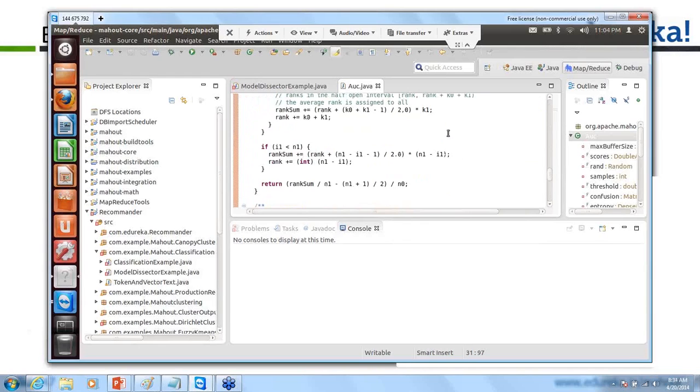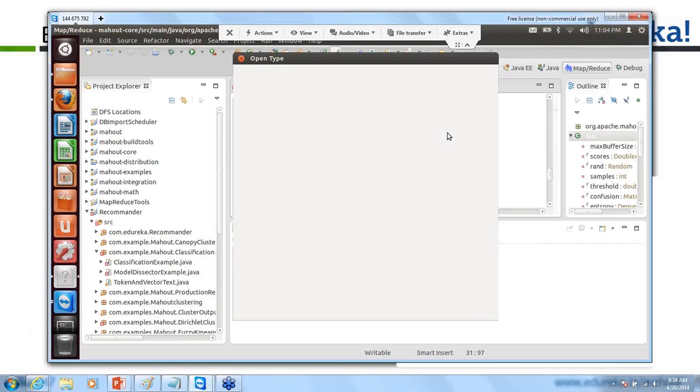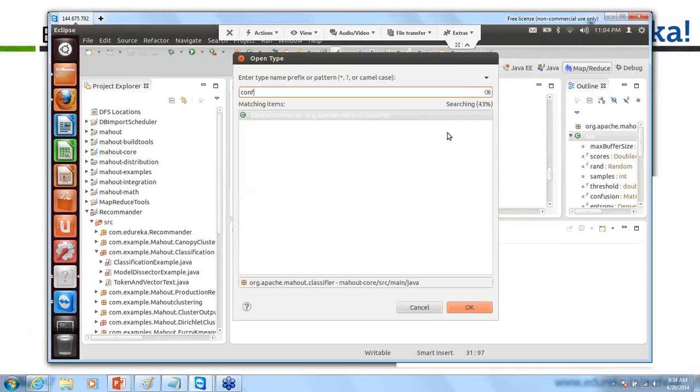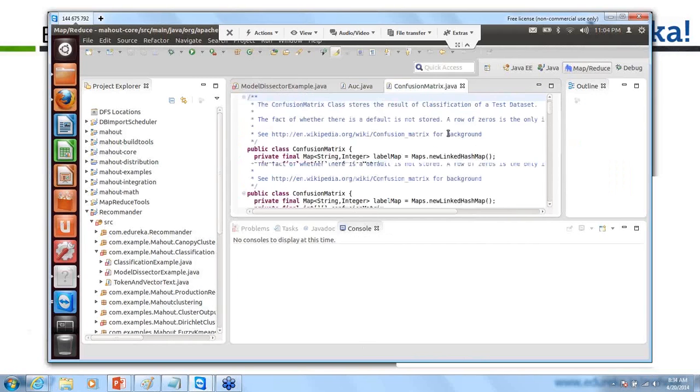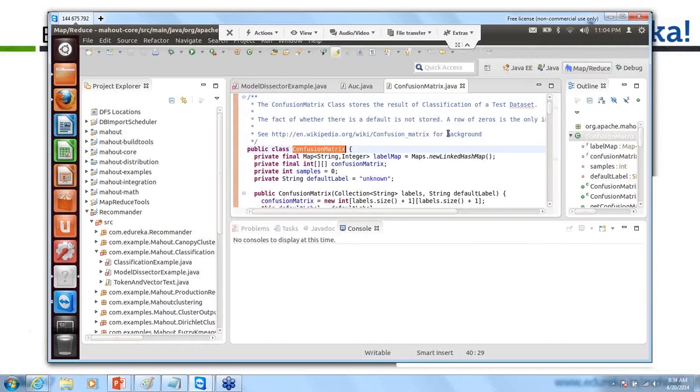There is also the confusion matrix, which is already defined there, and you can find it in the APIs.